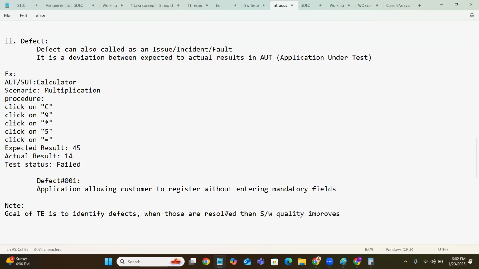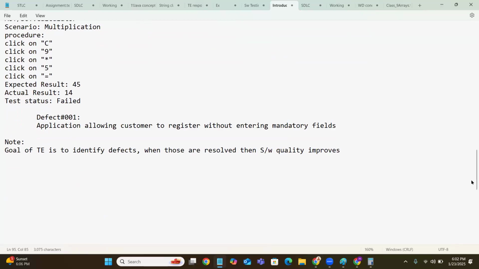But who has to solve the problem you identified? It is not the test engineer. Developers are responsible. So whenever you identify a defect, we have to report it to the developers. Once you report defects to developers, developers are going to review the defects.